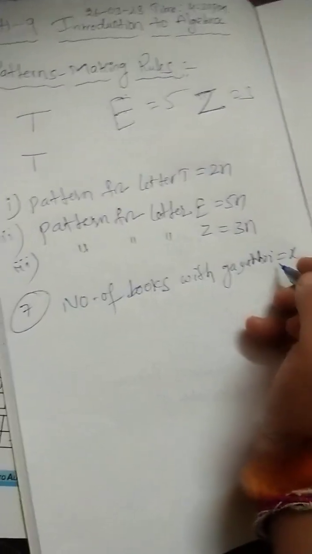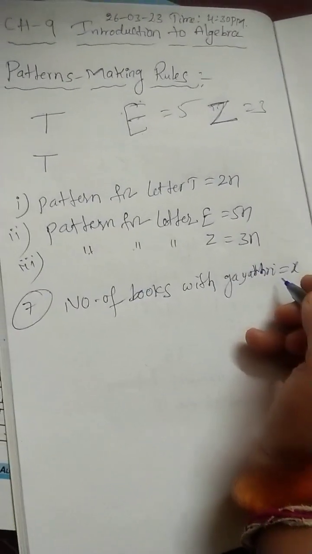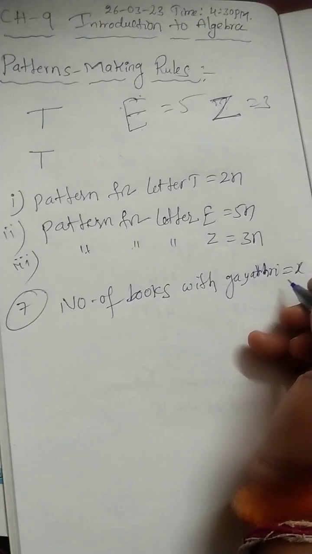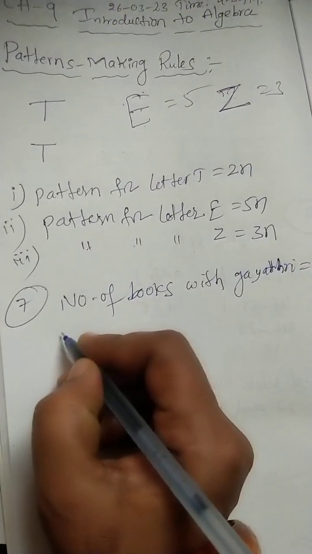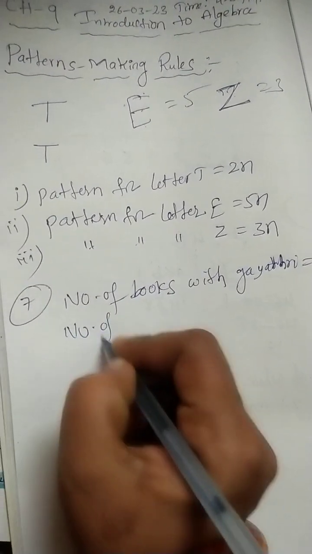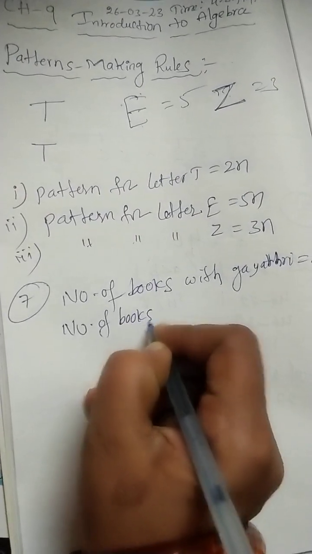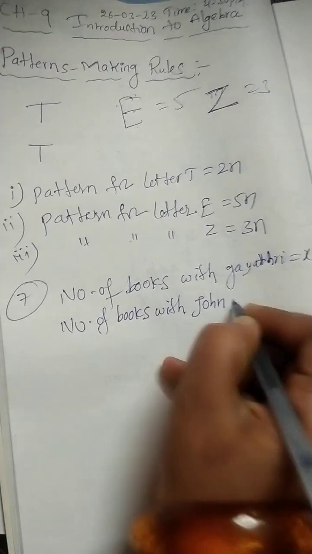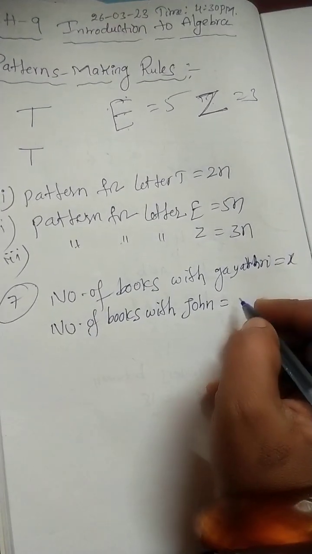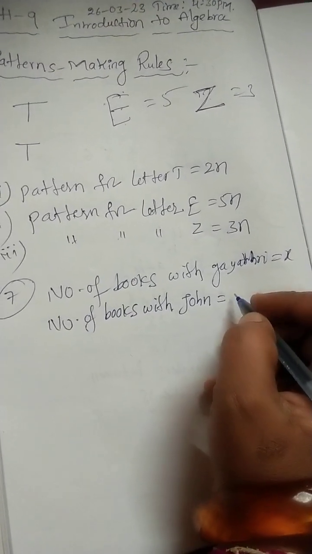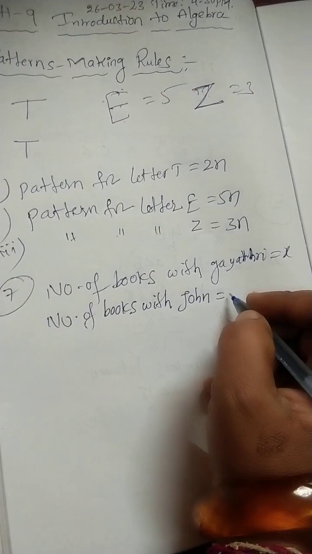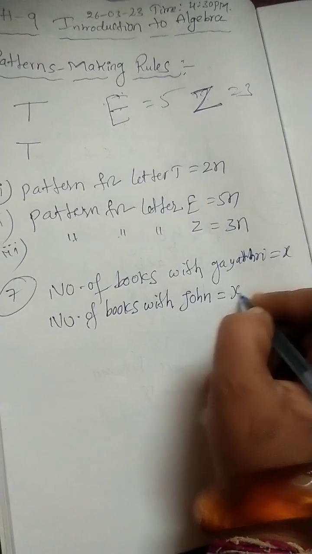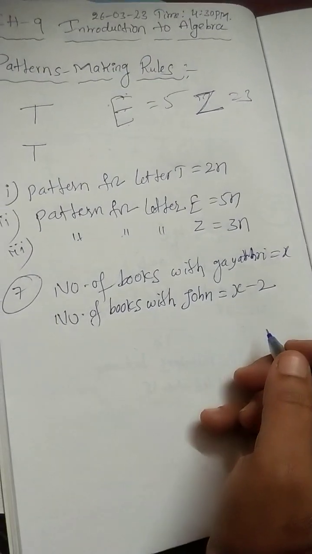Why? Because they mentioned specially that you should take the variable as x. So now the number of books with John is Gayatri's books minus 2. Why? Because two books less than Gayatri's. So x minus 2. This is the answer.